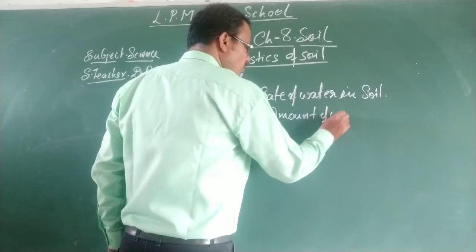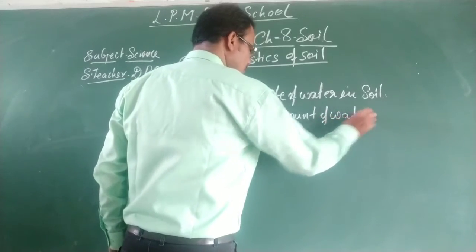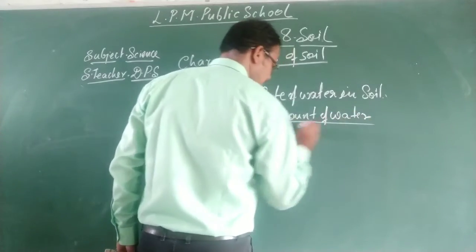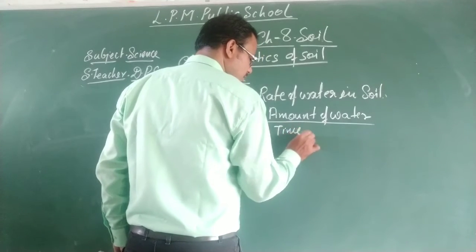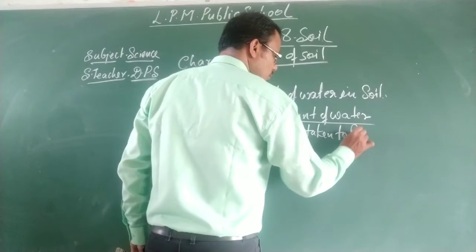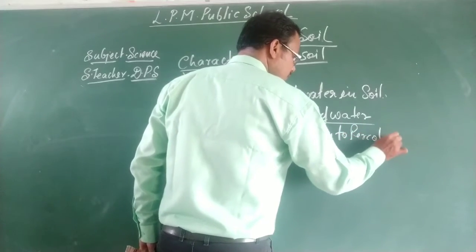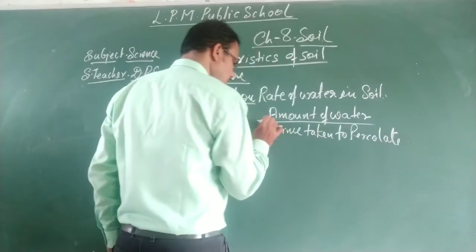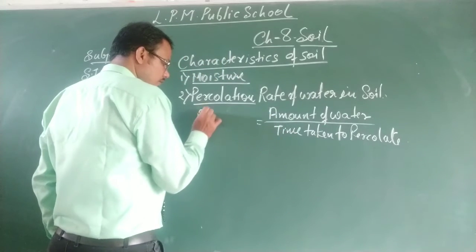Percolation rate equals amount of water divided by time taken to percolate. This is called the percolation rate.